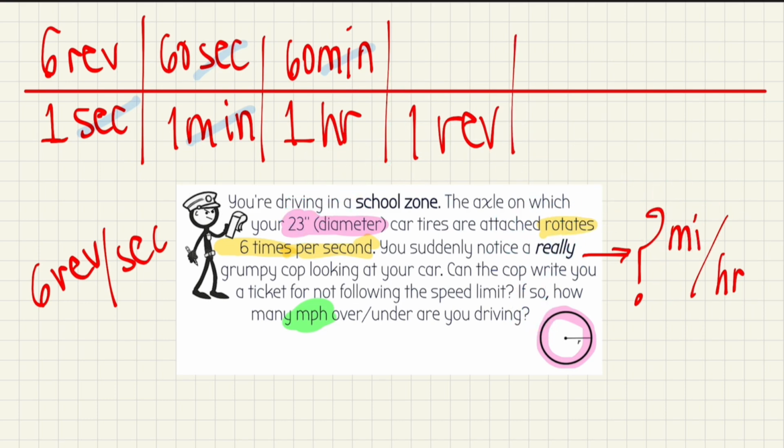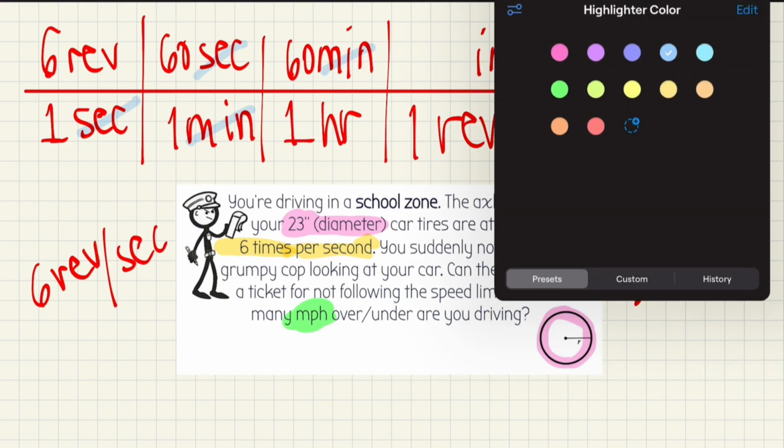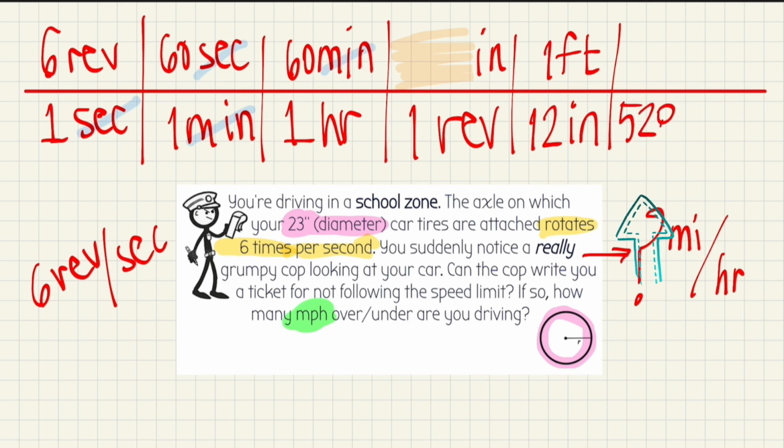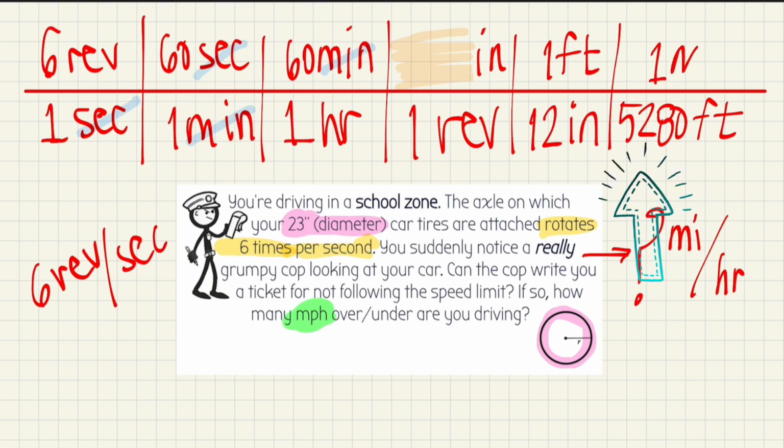So I have 1 revolution is equal to a certain number of inches. How many inches, you ask? Well, we'll figure that out in a moment. There's our mystery, big question. From here, I can say without a doubt that 12 inches is equal to 1 foot, and that 5,280 feet equals 1 mile.